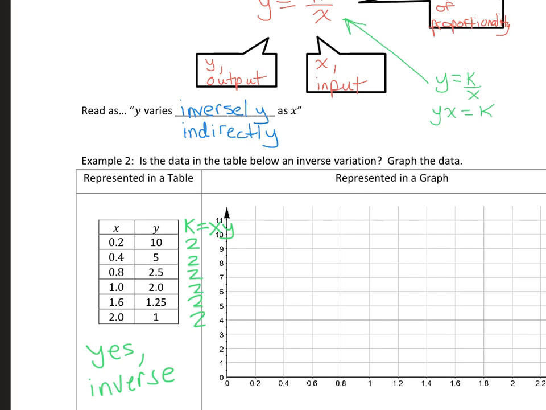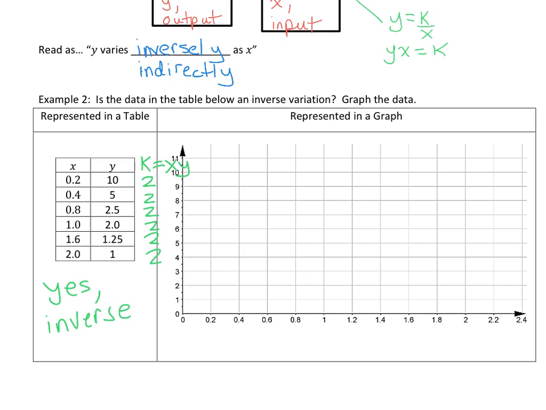Now let's take a look at how this appears in graphical form. So at an input of 2/10, I have an output of 10 and 5, and let's see, 8/10 is 2.5 and 1 is 2. 1 6/10, I'm down to 1 1/4, and at 2 I'm at an output of 1.